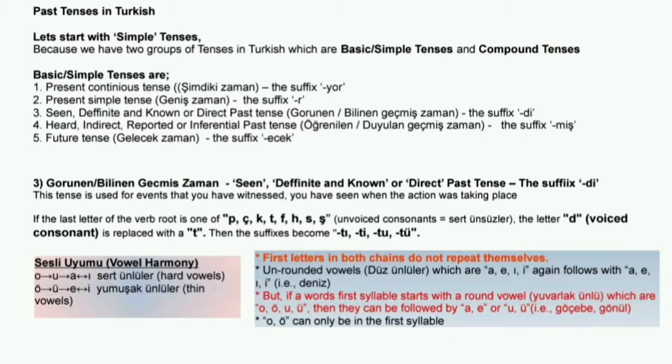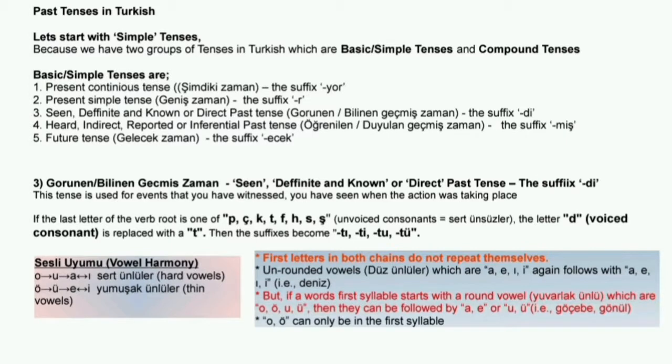There's one thing to remind here. If you remember our consonant harmony, we've got our unvoiced consonants, which we call sert ünsüzler: P, Ç, K, T, F, H, S, Ş.